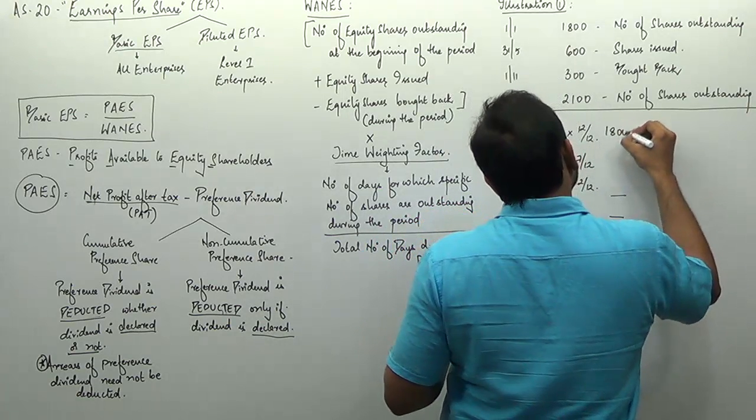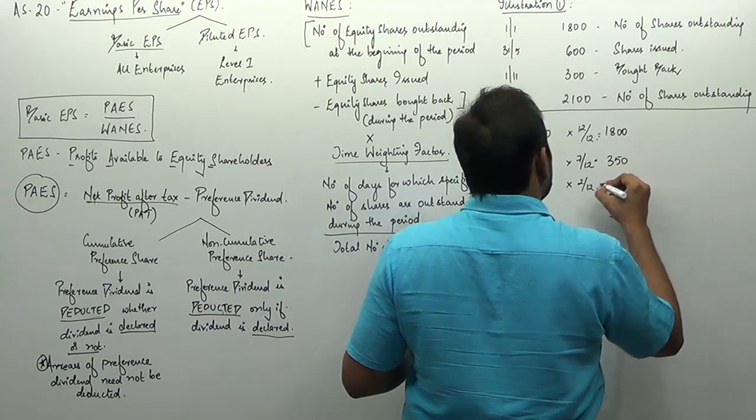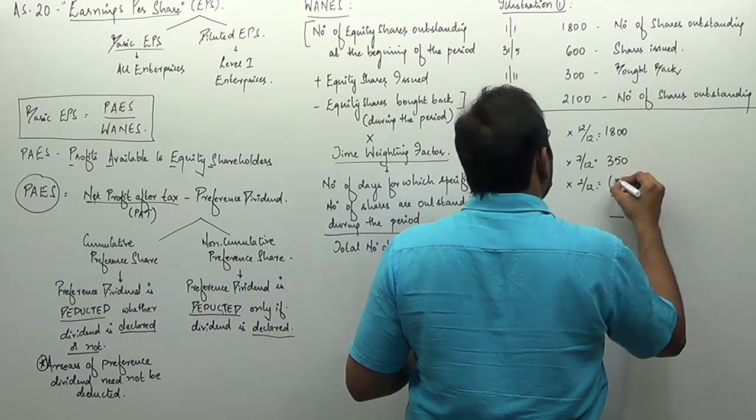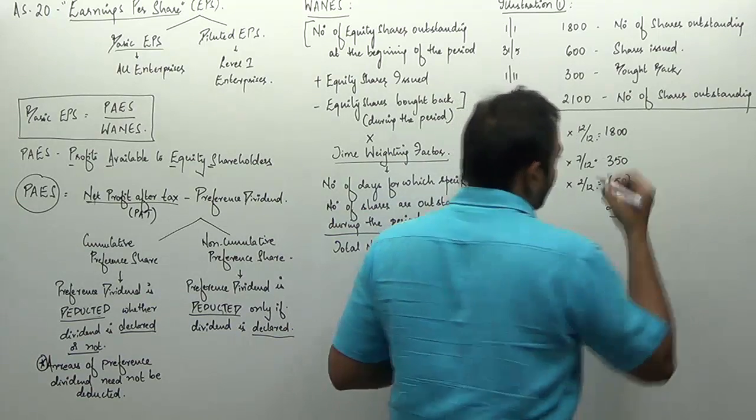First one as it is 1800, second one should be 350 positive, and the last one should be 50 negative, leaving me with a balance of 2100.